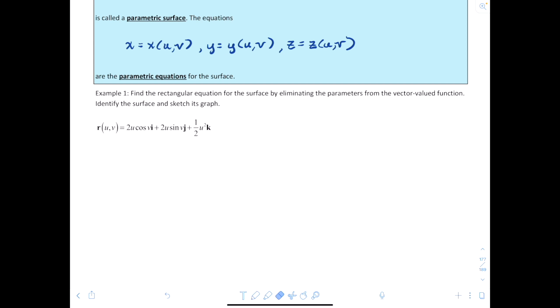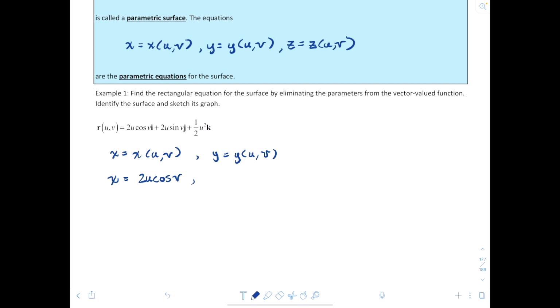So let's check it out. We know that x is equal to some x in terms of u and v. Well, in this case, our x is equal to 2 times u times cosine at v. So let's pause here and then look at y is equal to y at u and v.